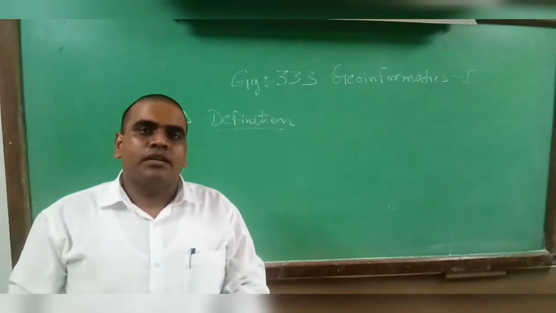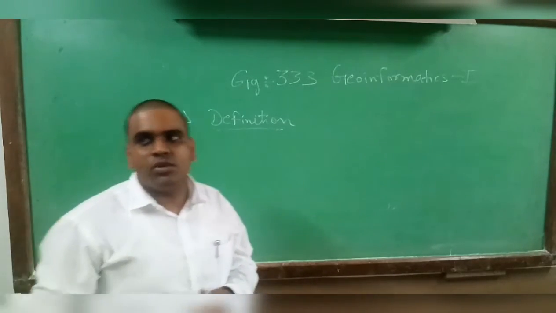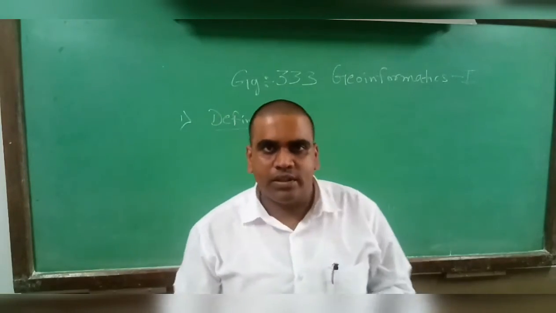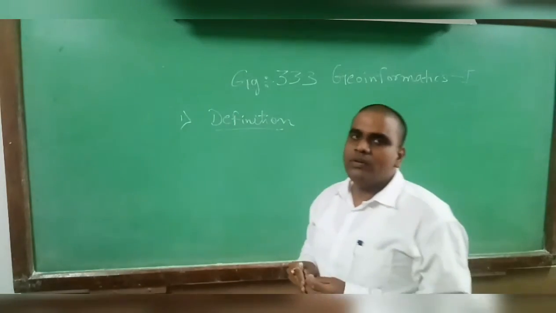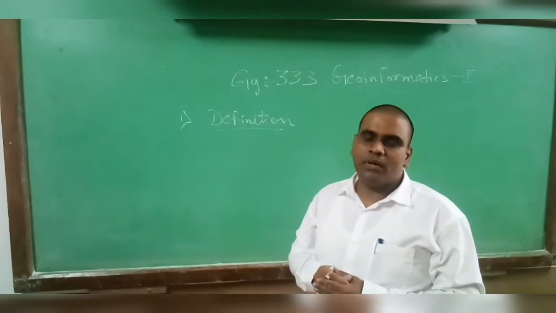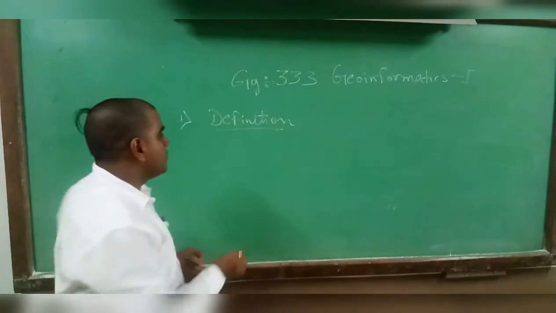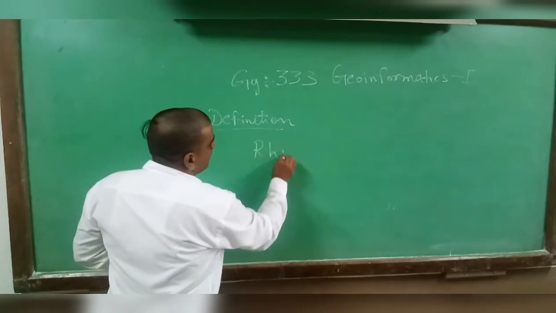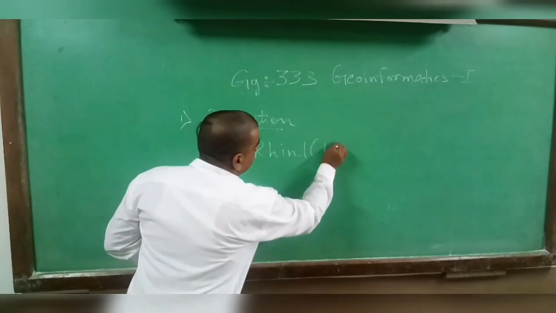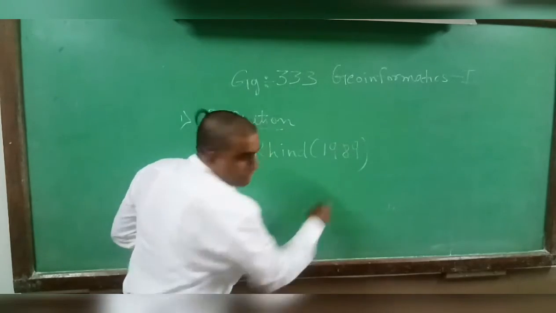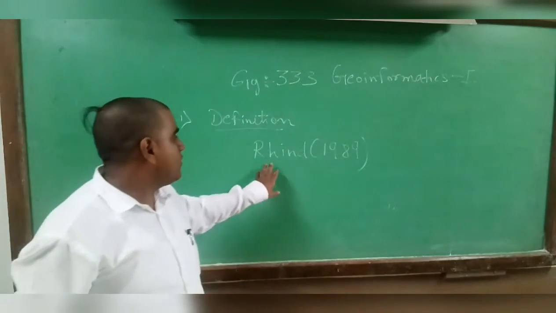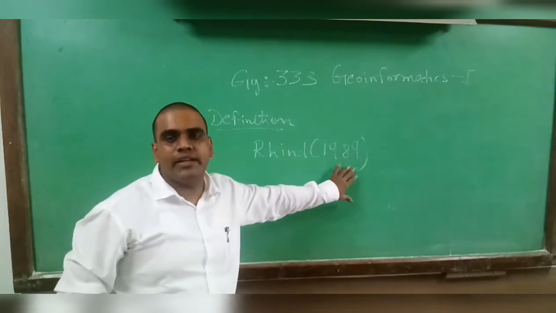Students, the definition of GIS was put forth by various scholars. So today we will be discussing the definitions one by one. First, I would like to introduce the definition of RIN. The definition was put forth in 1989.